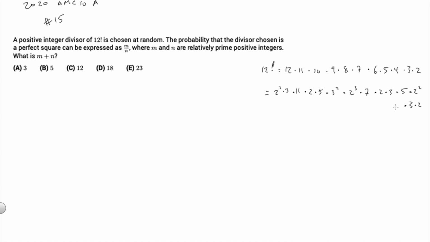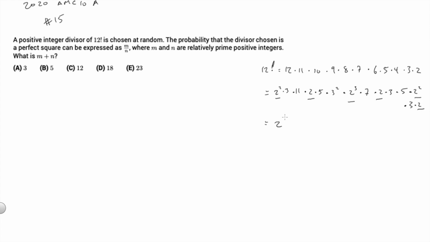All right, so now let's go through and count as we go. So let's see, we have 2 to the power of, so let's underline them so we know we've already used them. So 2, the exponent will be 3. 3 plus 3 is 6, 7, 9, 10.